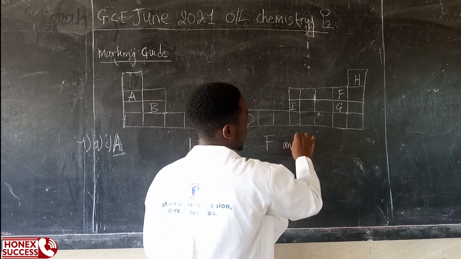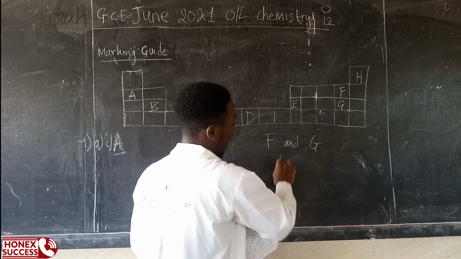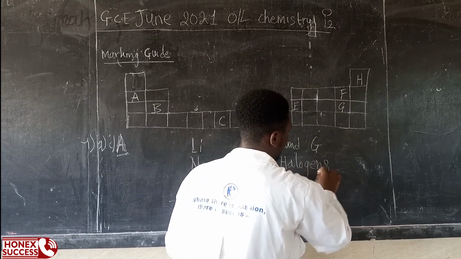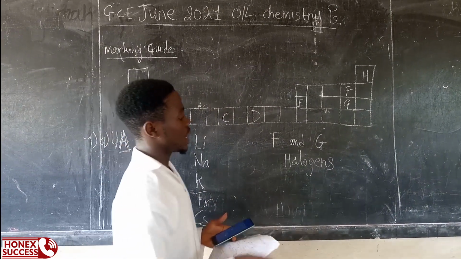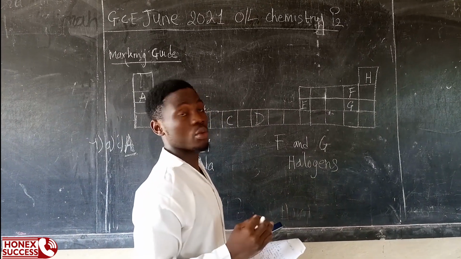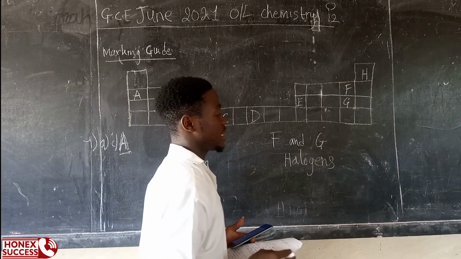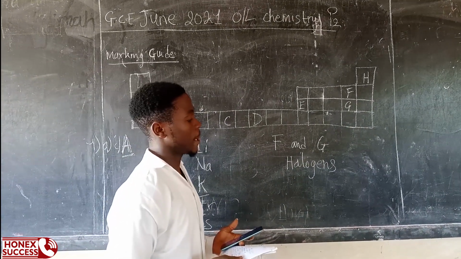So when we look at them between F and G, F and G here are known as halogens. We all know that if we look at our periodic table critically, the first halogen is white in color.